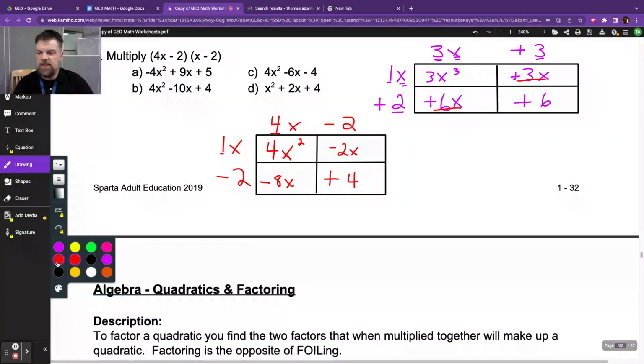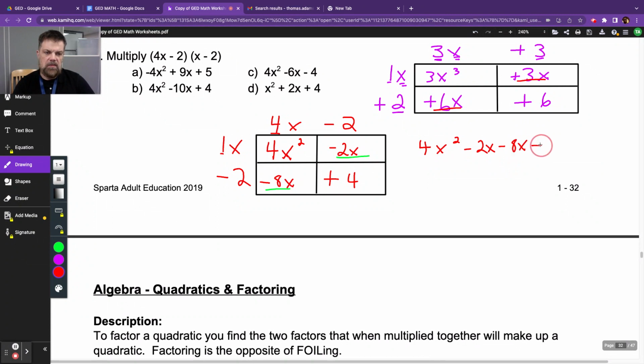Very good. So now we're going to combine like terms. This is not any different than what you've been doing. I noticed on your paper you had 4x squared minus 2x minus 8x plus 4. I just didn't write it down because we didn't have space.